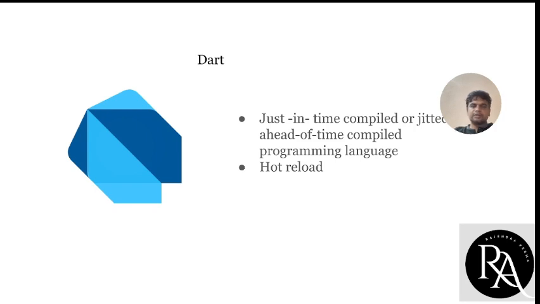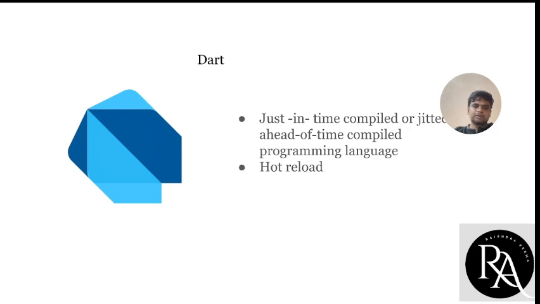Let us discuss the Dart programming language. The Dart programming language is the source for the developers. This programming language makes the development really fast, because it is very similar to Java, and as you all know, Android development was initially started with the Java programming language.